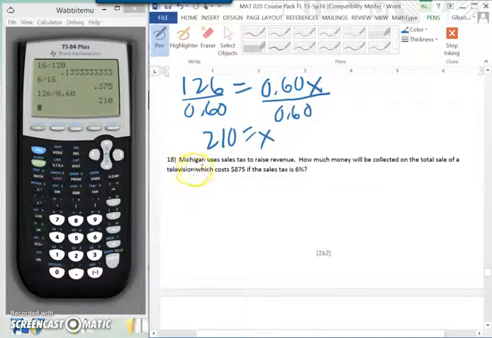Now we have 18. Michigan uses sales tax to raise revenue. How much money would be collected on a total sale of a television which costs $875 if the sales tax is 6%? Now remember, they want to know how much is collected on the total sale. Now just like I told you all before, if you just paid the $875, that'd be 100%.